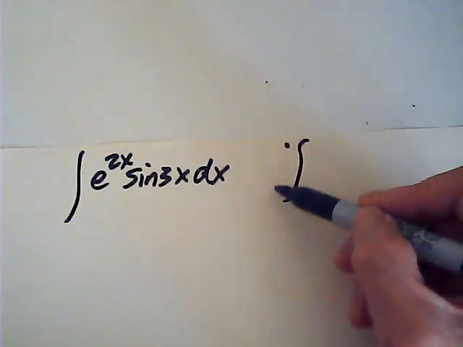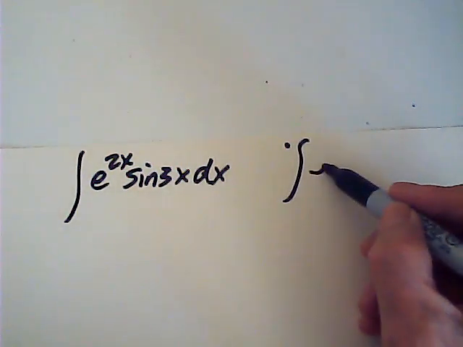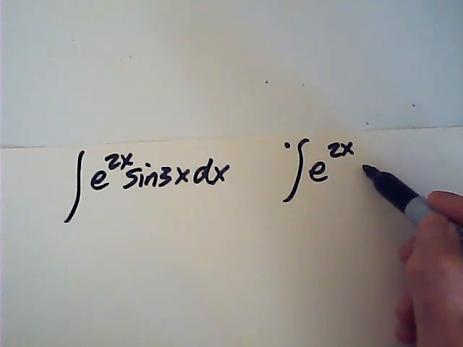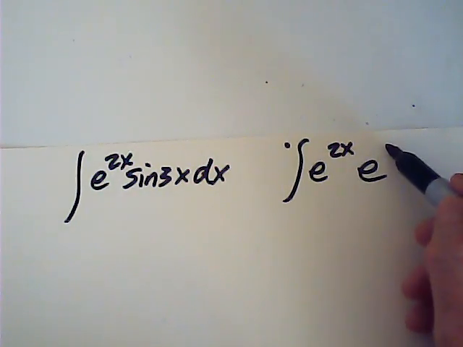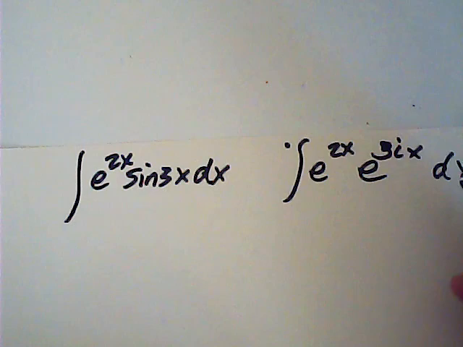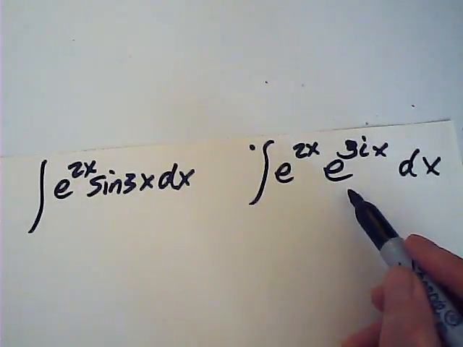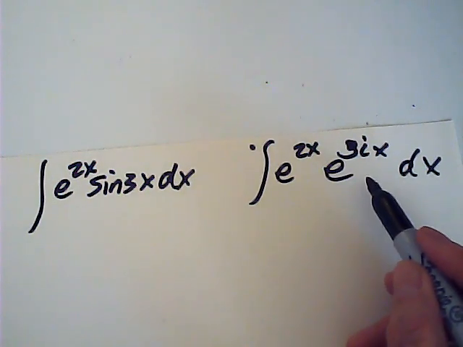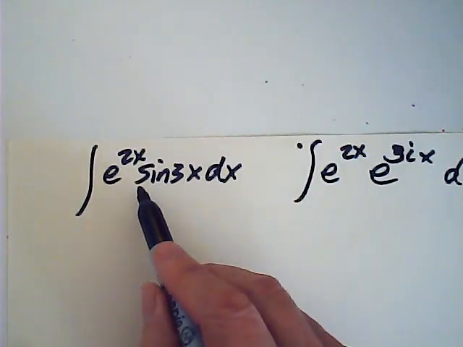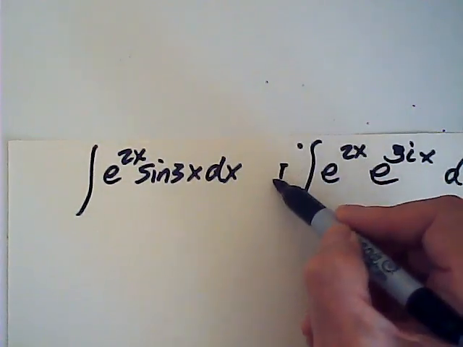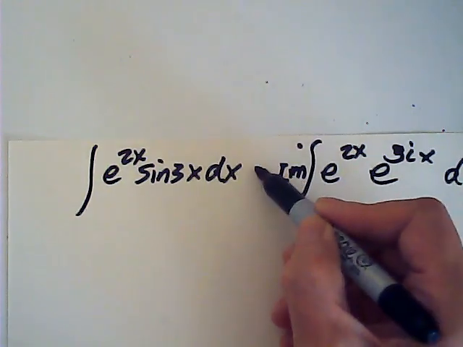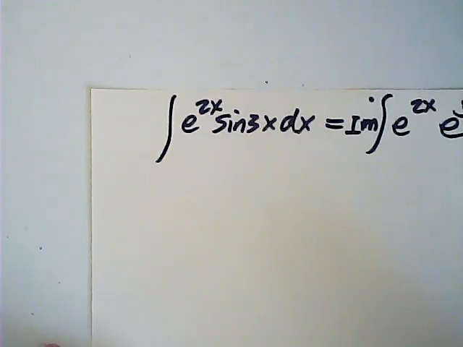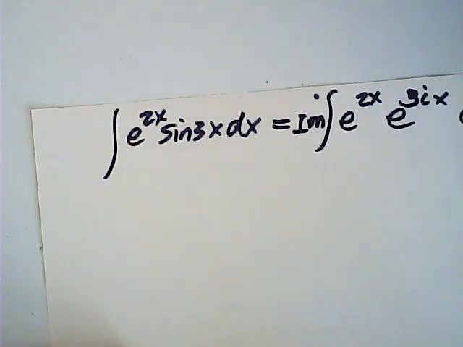That is e to the 2x times e to the 3ix, that is cosine 3x plus i sine 3x. Now I just want a sine. Therefore I choose the imaginary part of this integral. That will be the given integral.